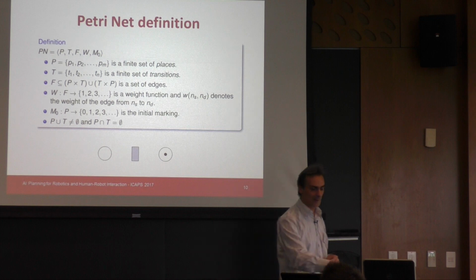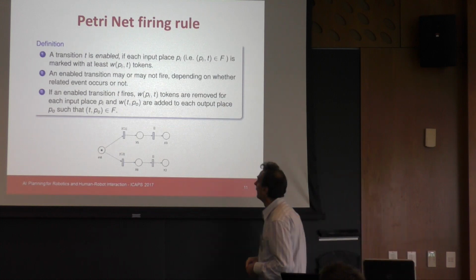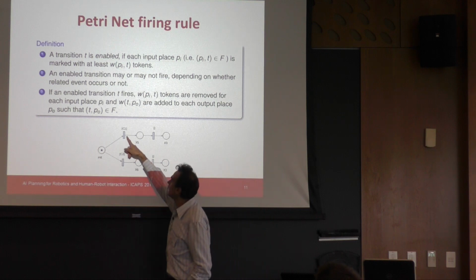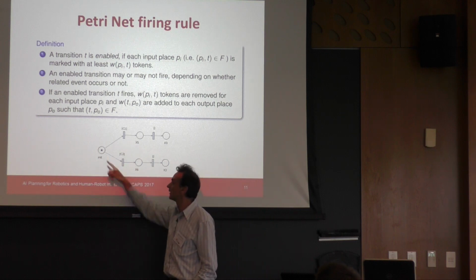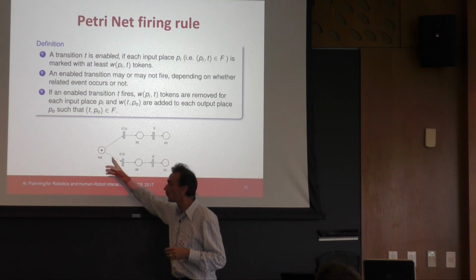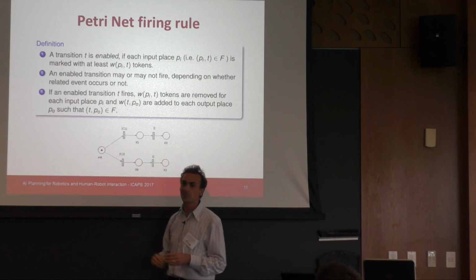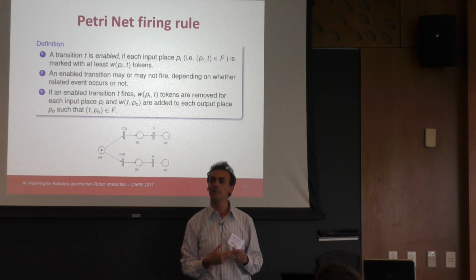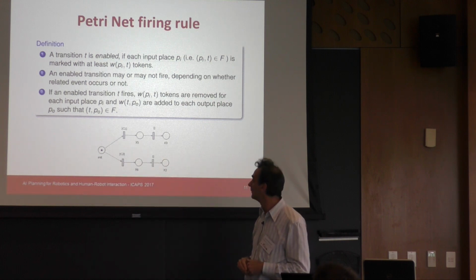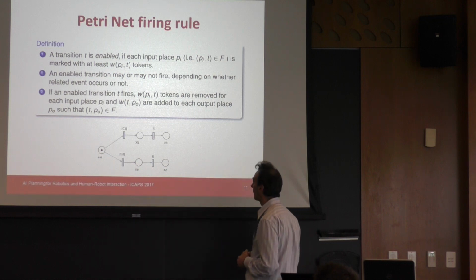And the evolution of a Petri net is based on the firing rule. So a transition is enabled when there is a token in the place before it. And the transitions are also usually labeled with conditions that, for example, in PNP, are conditions that are validated in the knowledge base of the robot.